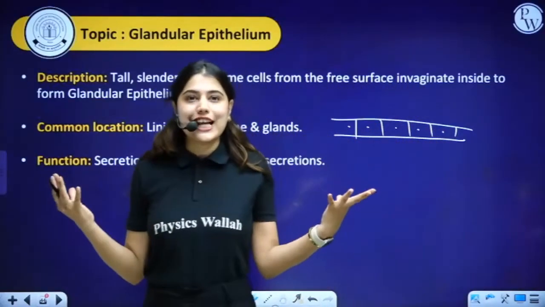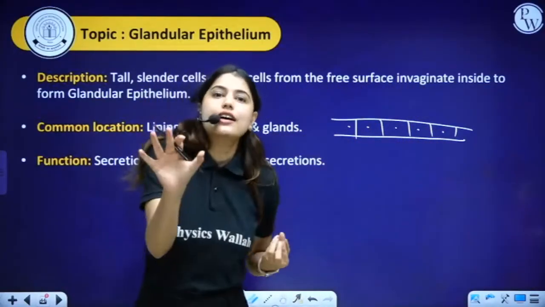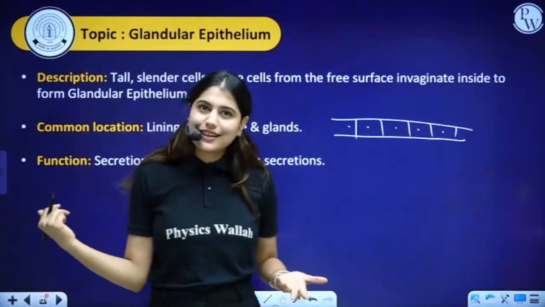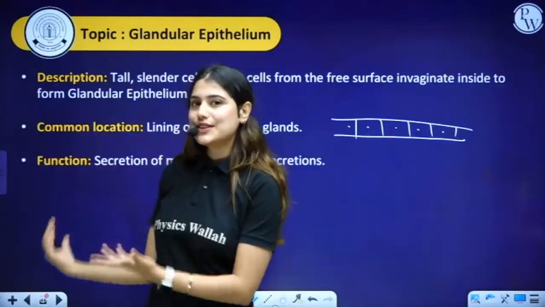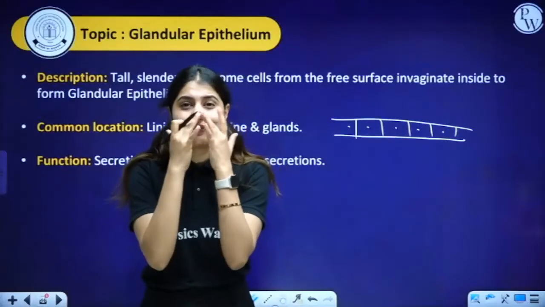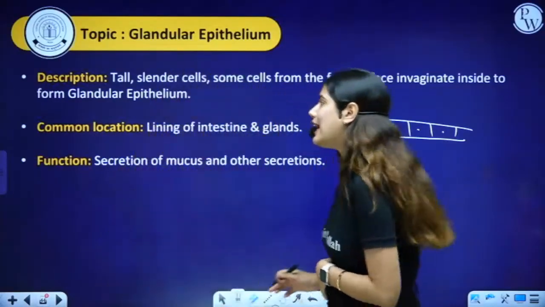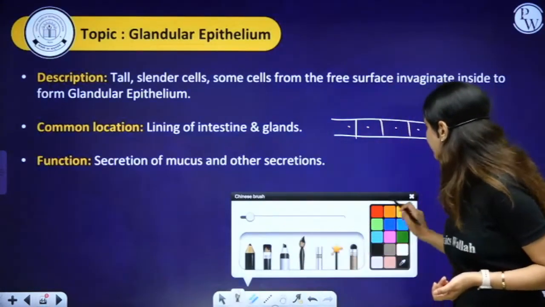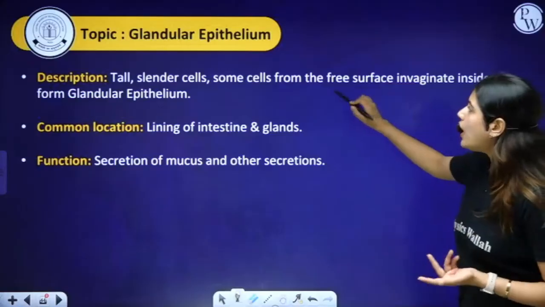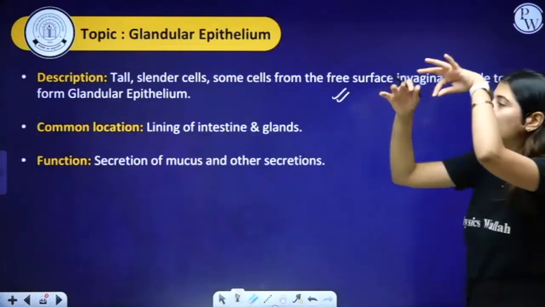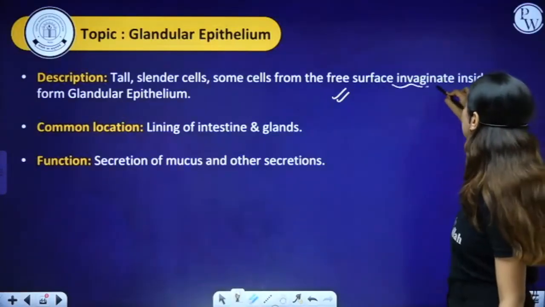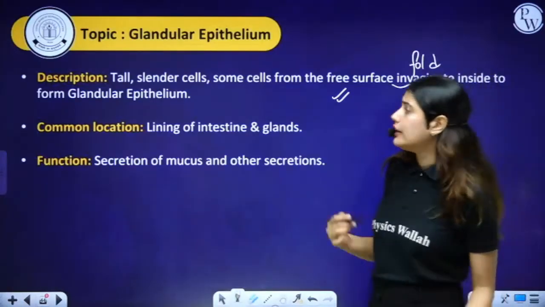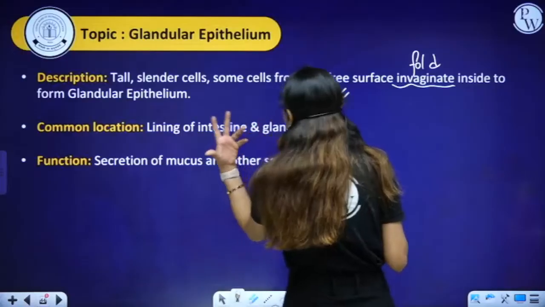For example, salivary glands produce saliva and release it. We have sweat on our body, produced by the sweat glands. Then we have oil on my face, produced by the oil glands. So they are tall slender cells, and they are going to fold inside. Invaginate means they fold to form this epithelium, which is present in the lining of intestines and glands.